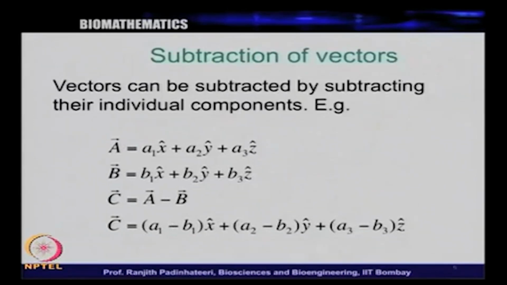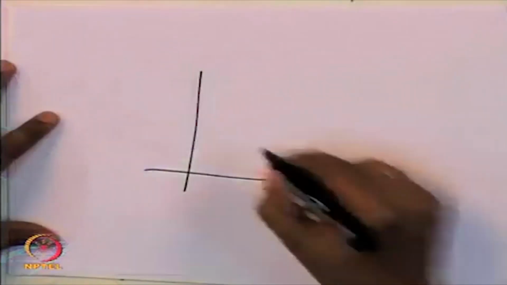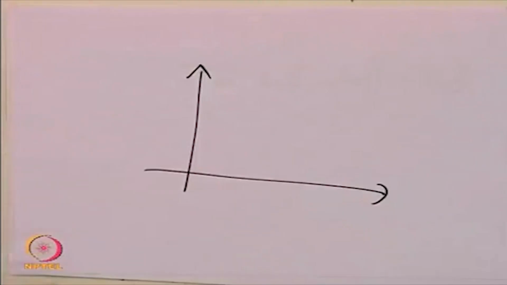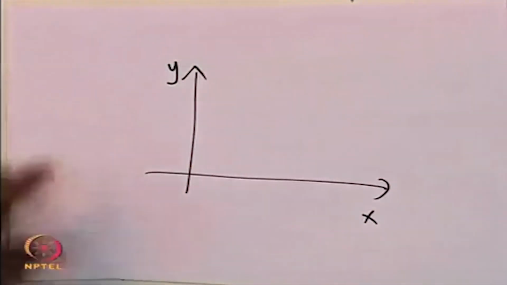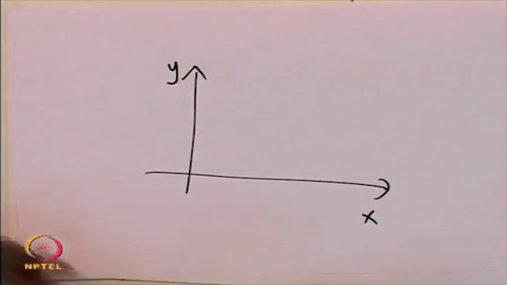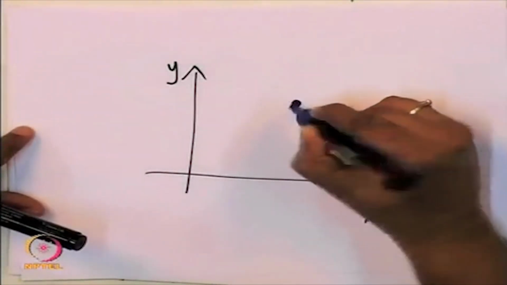Okay, so we learned about subtraction and addition of two vectors. Now, we should rethink a bit more about something we discussed very early about vectors. If you have a 2D plane, with x axis and y axis, any point in this x y plane, let us say this particular point.